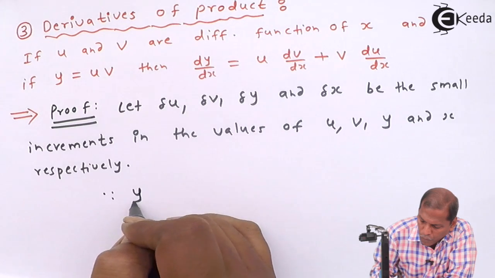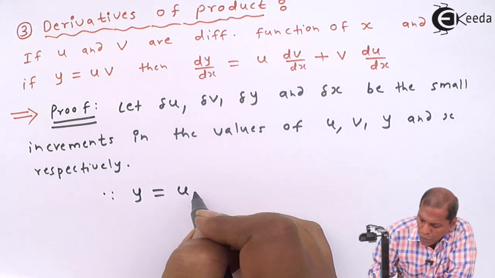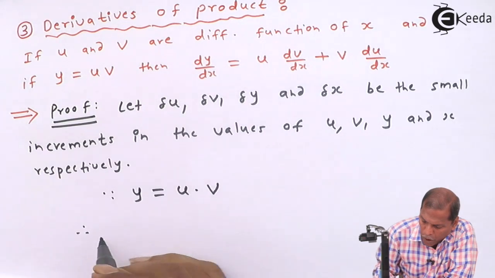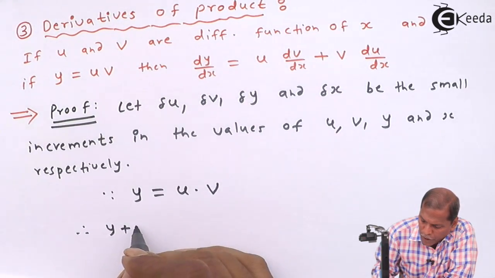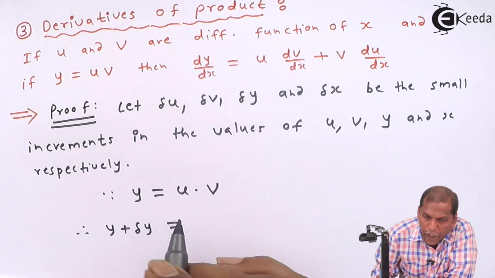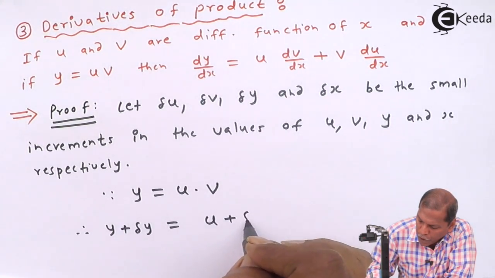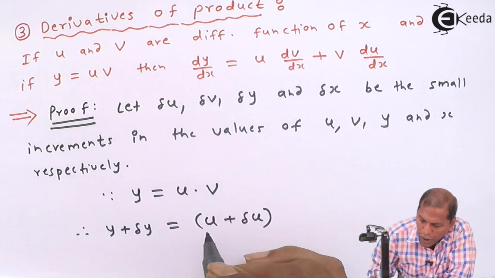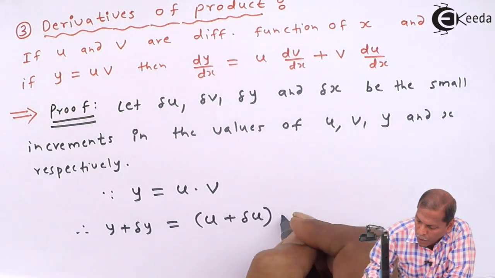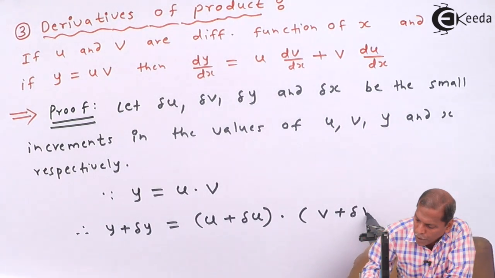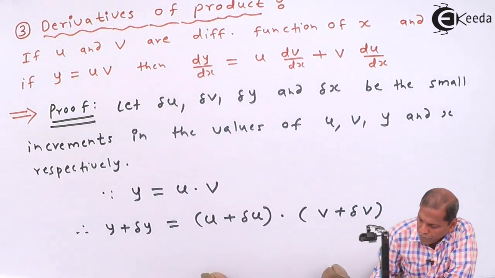Since y is equal to u into v, therefore y changes to y plus delta y, which is equal to u changes to u plus delta u into v changes to v plus delta v.